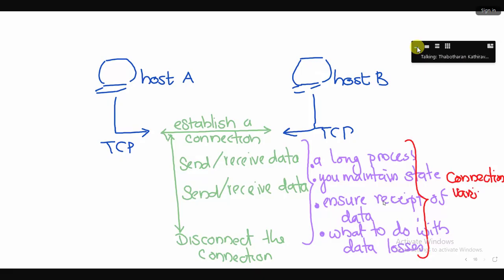Connection variables. Whenever the connection is established, they both use their memory space allocated for this connection.